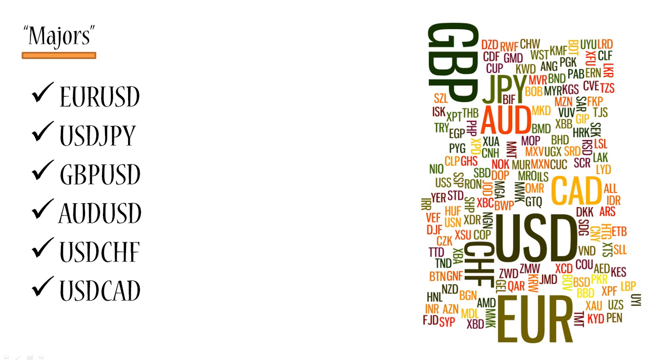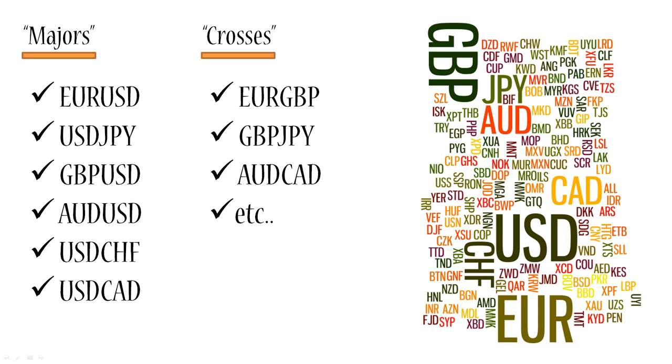And also the second group is the crosses. Crosses are simply put all currency pairs that do not include the American dollar, such as the euro British pound, yen Australian dollar, Canadian dollar, and so on. And of course there are also all other currency pairs.